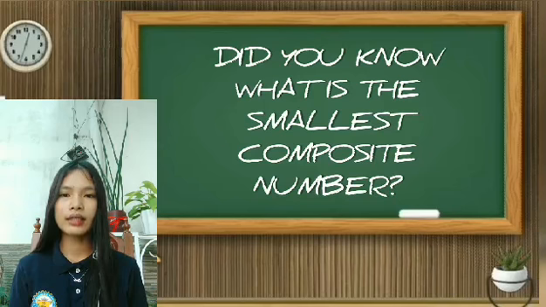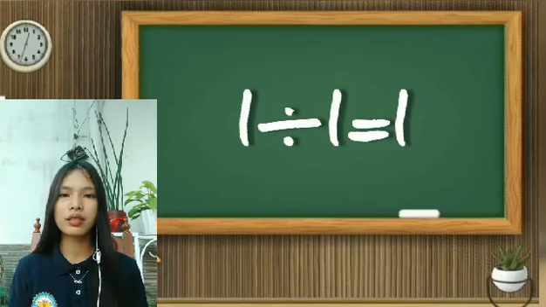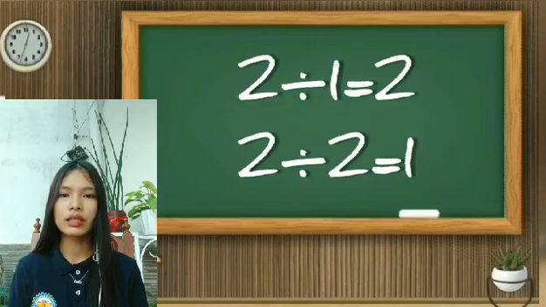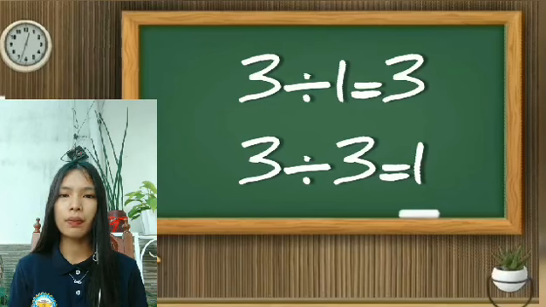Did you know what the smallest composite number is? A composite number is defined as a number that has a divisor other than 1 and the number itself. Start counting 1, 2, 3, 4, 5, 6, 7, and so on. 1 is not a composite number because its sole divisor is 1. 2 is not a composite number because it has only two divisors, 1 and the number 2 itself. 3 is not a composite number because it has only two divisors, 1 and the number 3 itself.